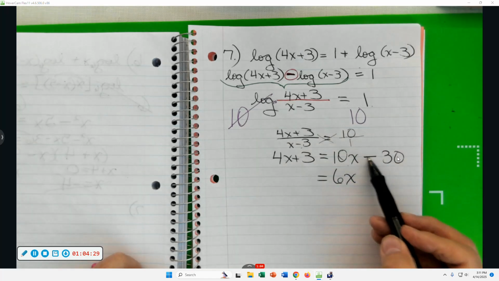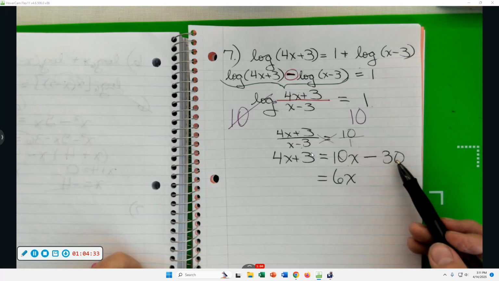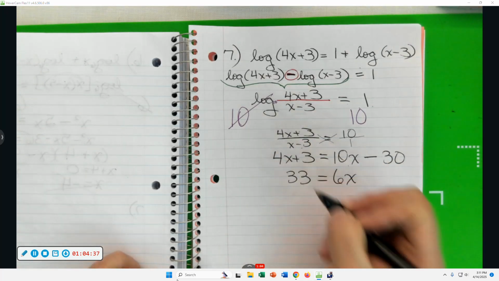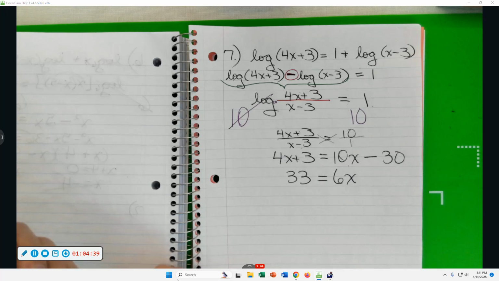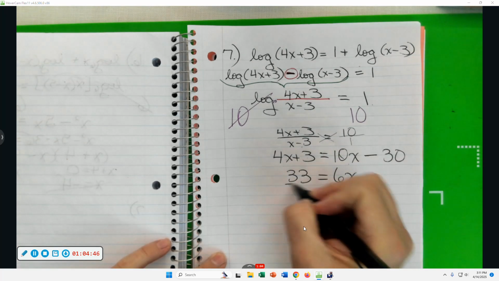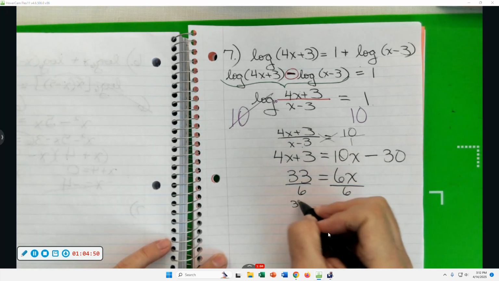What am I going to do with this minus 30? Add 30. 3 plus 30 gives me a 33. And then divide by 6, to give us x equals 33 over 6.